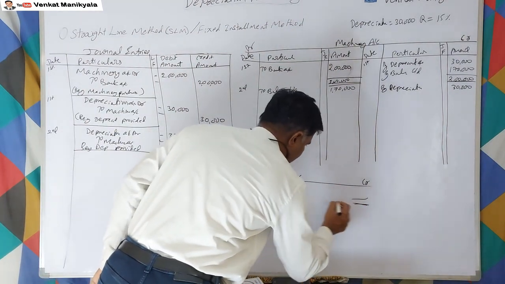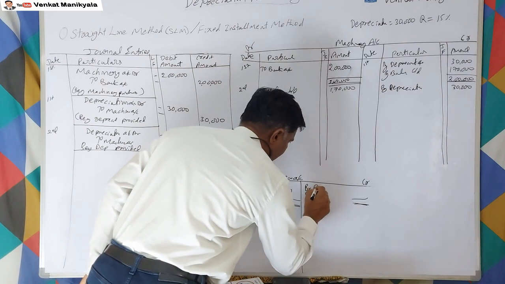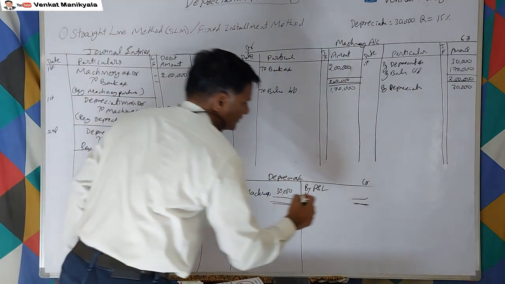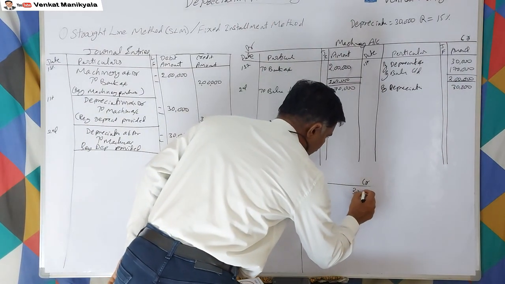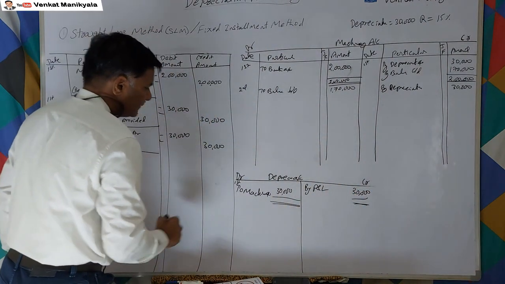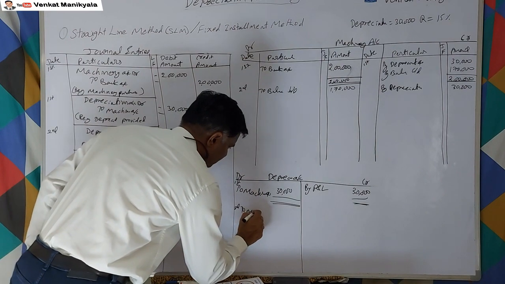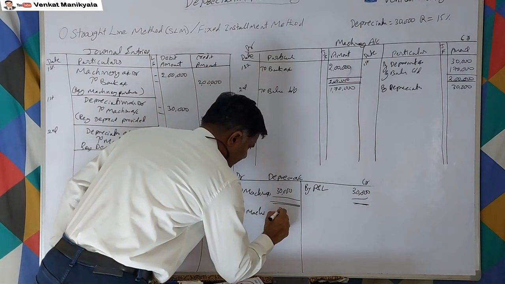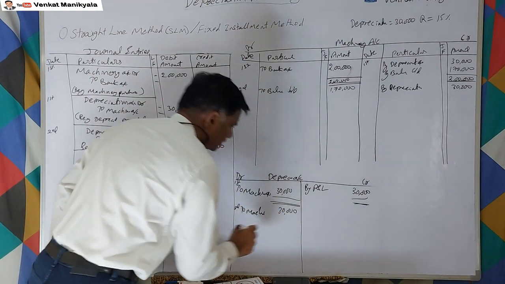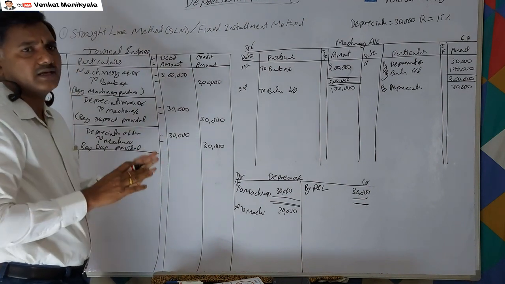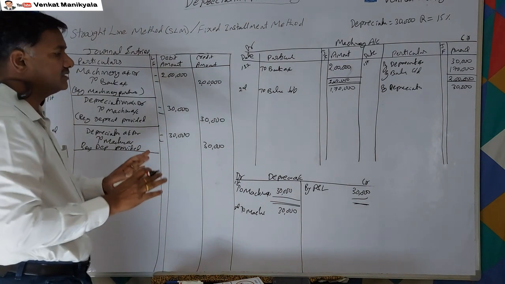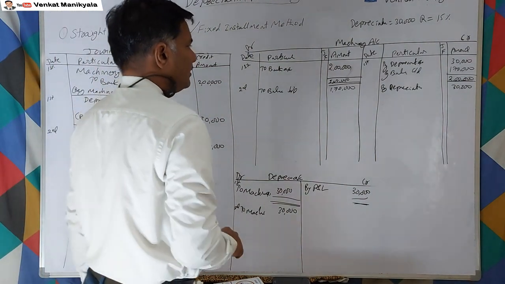In the depreciation account, this is also the last year, we have to close it, right? While closing this, we have to transfer to the P&L account in the first year, 30,000. So no balance is carried forward for this. So in the second year, to machinery account 30,000. That means in the depreciation account, every year it closes with that balance, right?